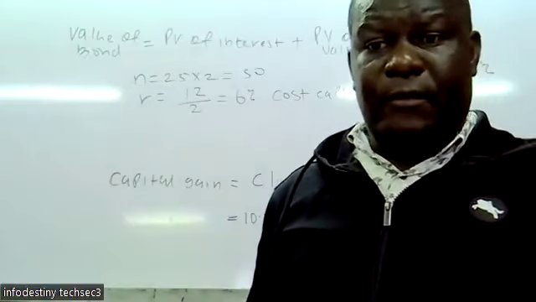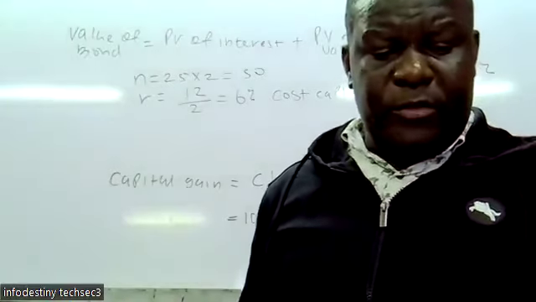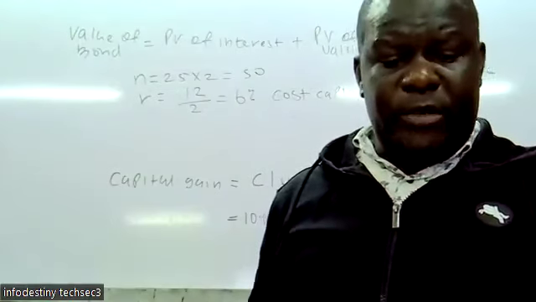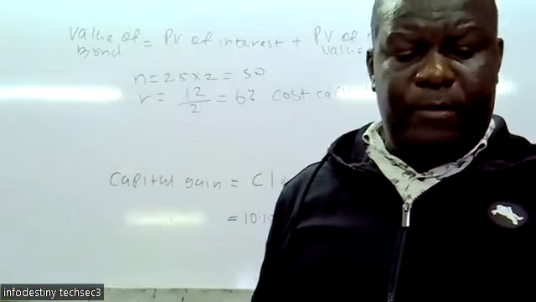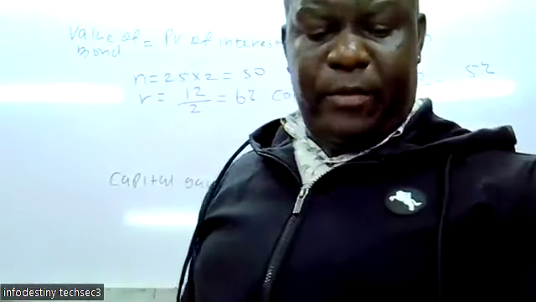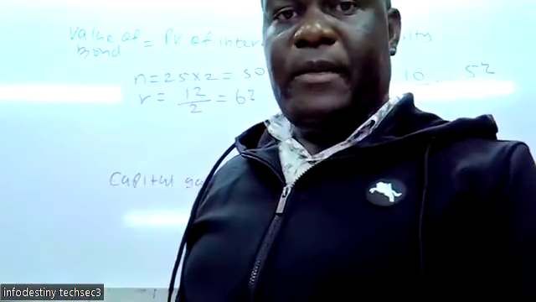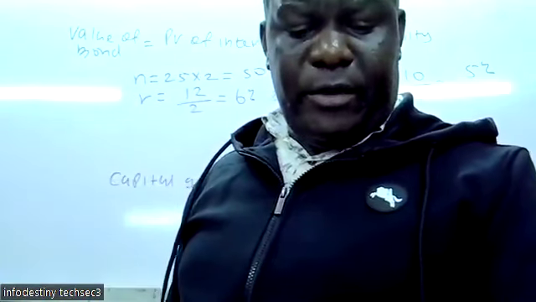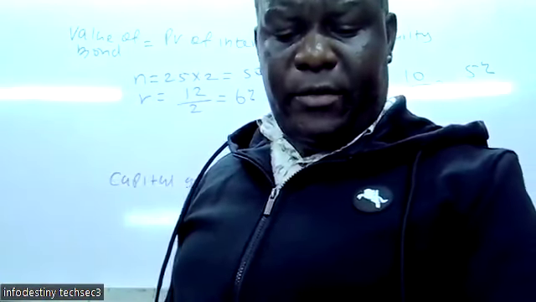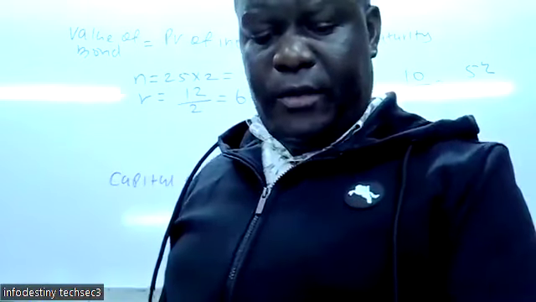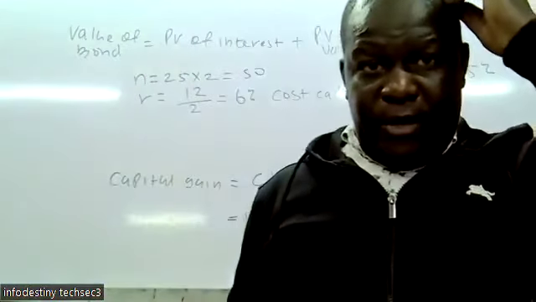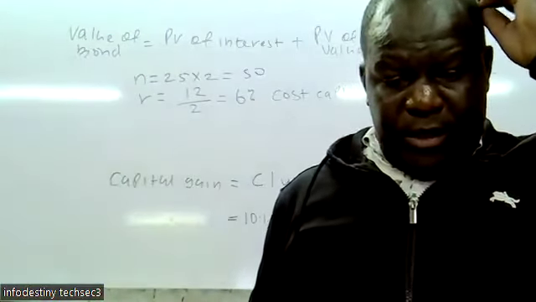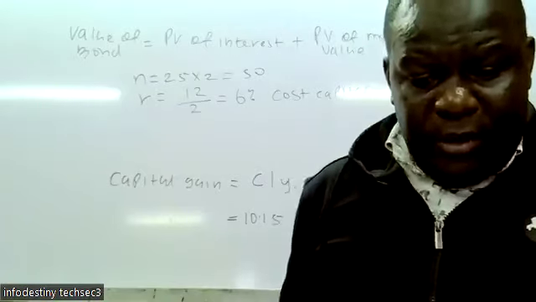Under the yield to maturity, we write that it is a measure of the bond rate of return that considers both the interest income and any capital gain or loss.